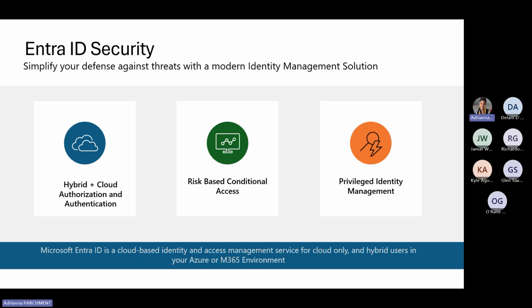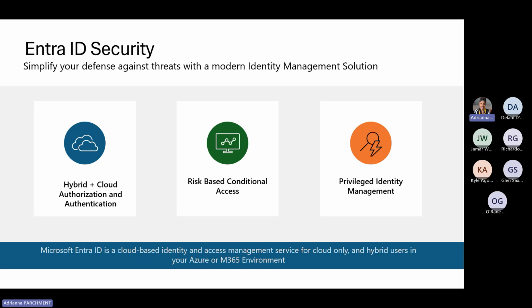You have risk-based conditional access, which is a mixture of basically conditional access and MFA, where you can basically link these two together to ensure that a set of conditions are met before your users can be authenticated into the environment.